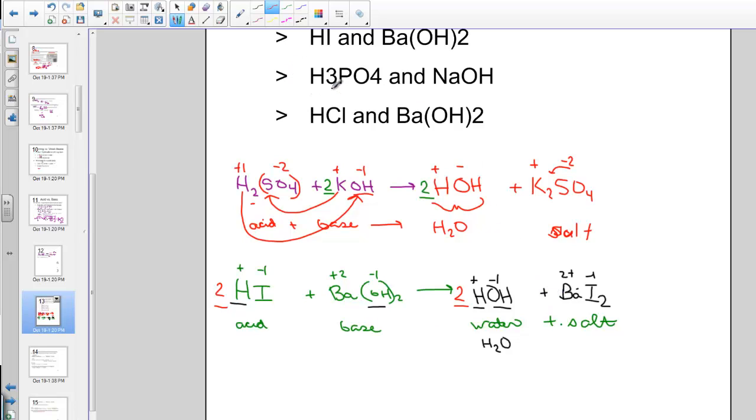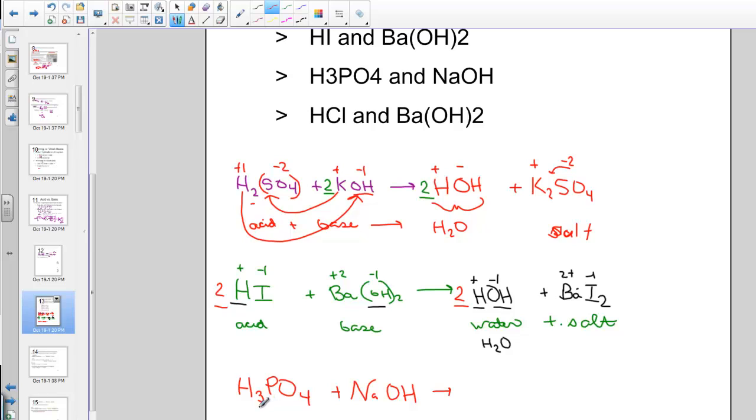Boy, we have a triprotic acid in H3PO4. This is called phosphoric acid, H3PO4. It is going to react with a base called sodium hydroxide, NaOH.